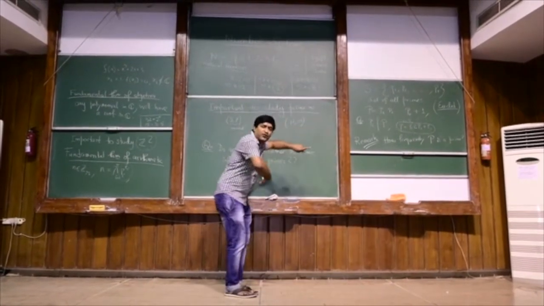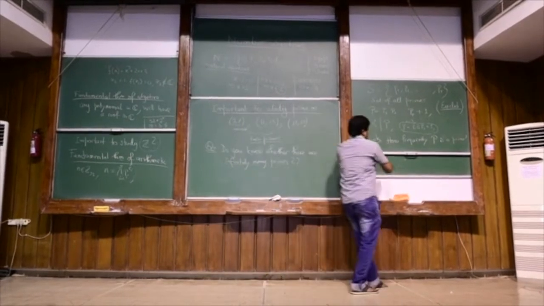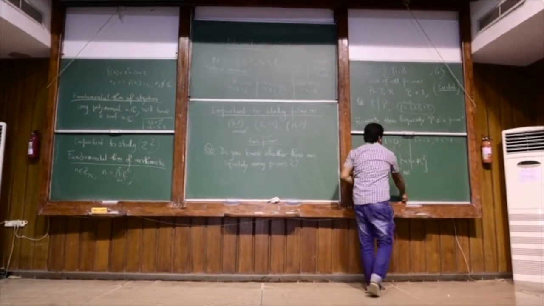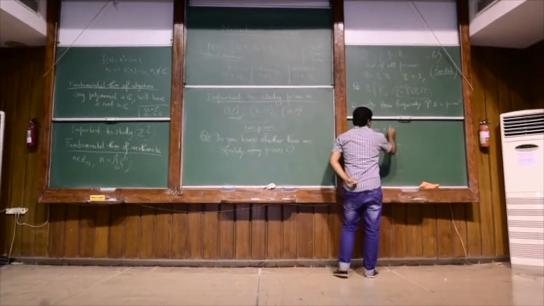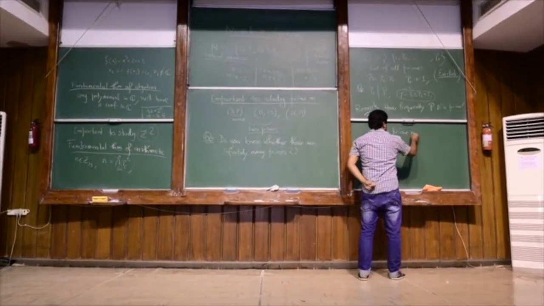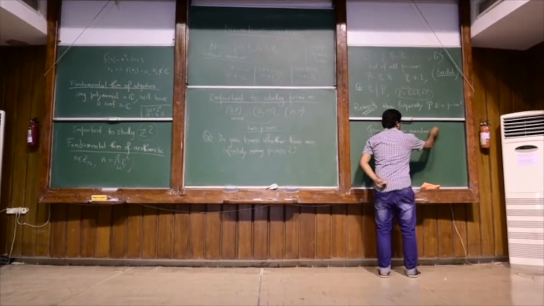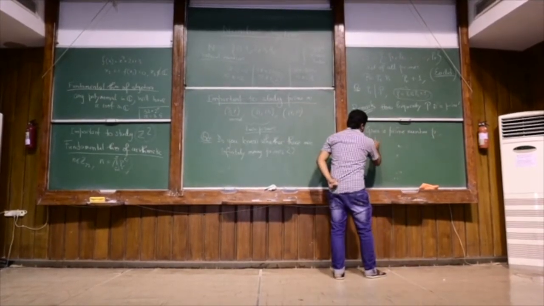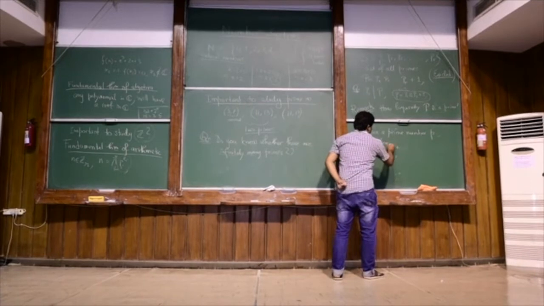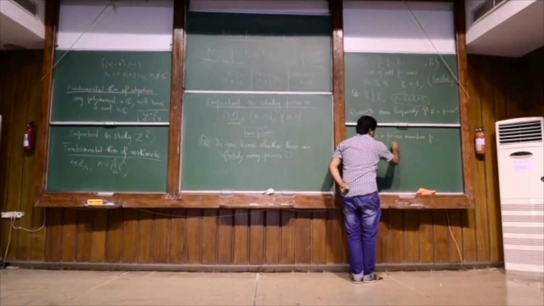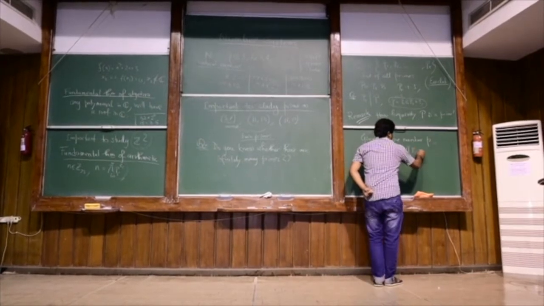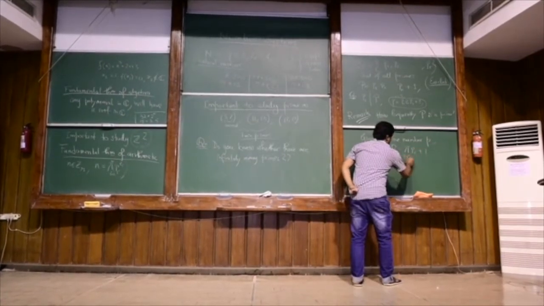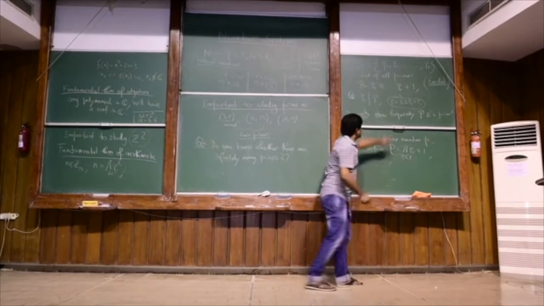It is the product of all primes plus 1. Given a prime number, let's say P, I can define a number, capital P, which is the product of all Pi plus 1, such that Pi is less than P.